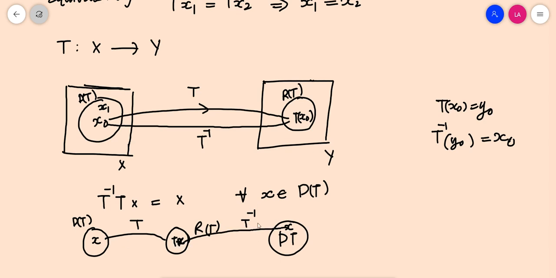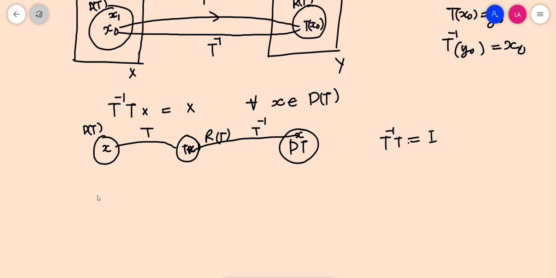So if we take the composition, T inverse T is actually a map from D(T) to D(T), which maps x onto itself. So T inverse T is actually the identity. Similarly, T T inverse is also the identity map.